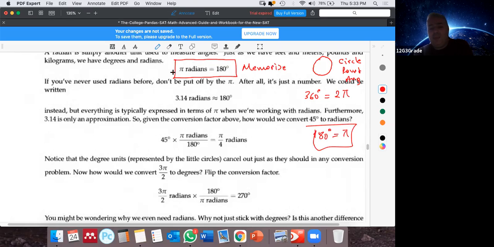Just memorize, it's better. And pi is normally an irrational number, which we just say is approximately 3.14. But normally this never ends, it goes infinitely.